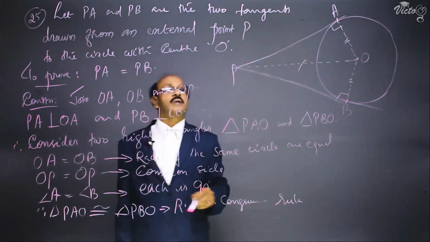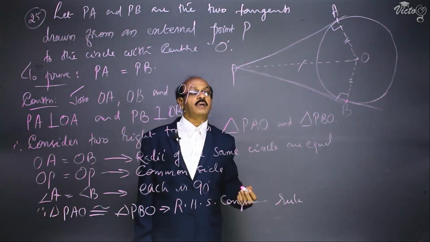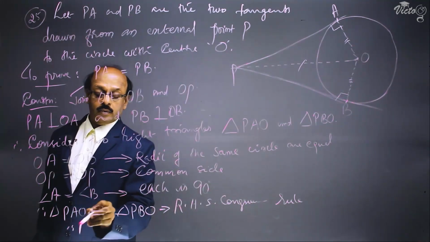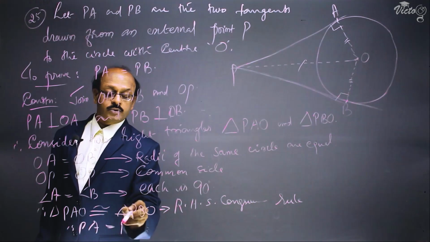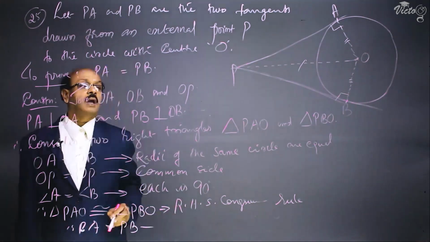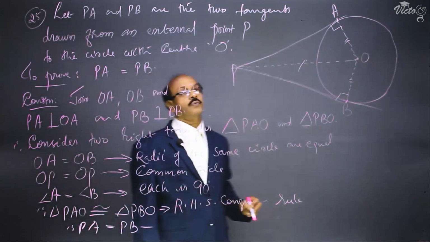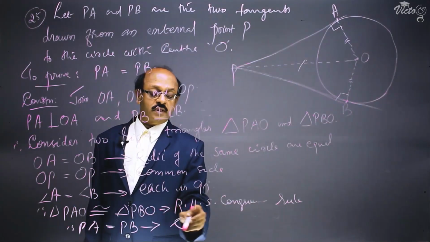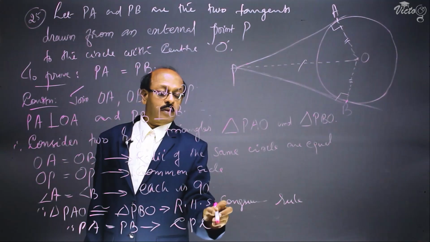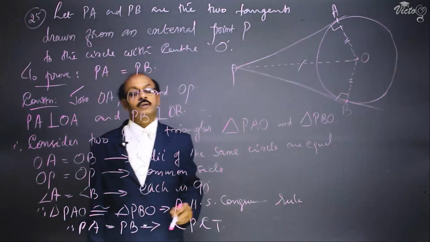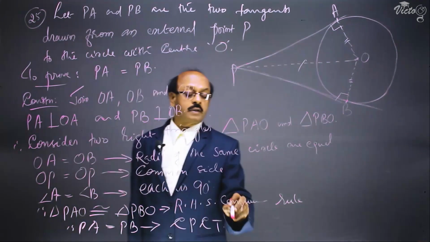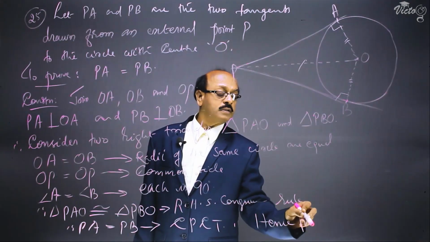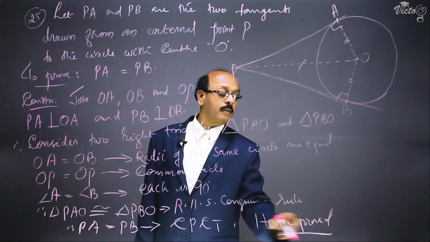Since the two triangles are congruent, we can conclude that PA is equal to PB. Reason, corresponding parts of congruent triangles, in short form CPCT. Hence proved the result. Okay.